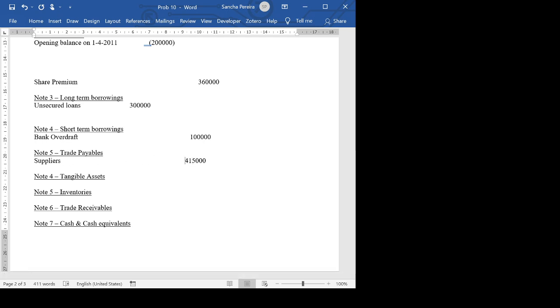After trade payables, we have other current liabilities and then we have short-term provisions.